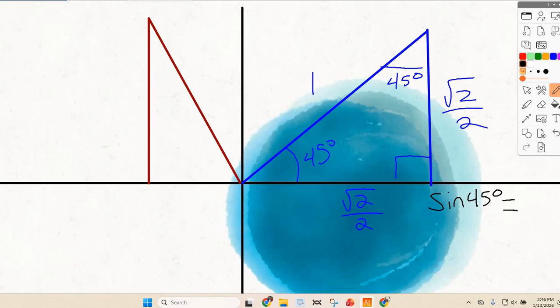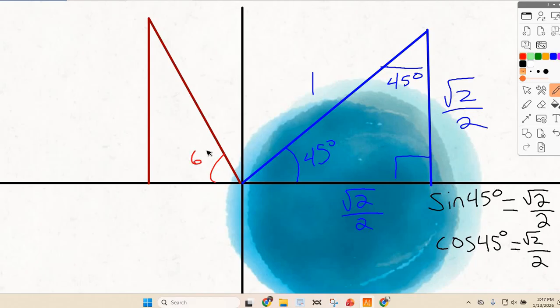Opposite. So opposite of 45 degrees is our square root of 2 over 2. And then what's our hypotenuse? 1. So we just divide by 1, so we get the same thing. And we can also do the same thing with our cosine. Yes, no, maybe? So that gives it for us for our 45.